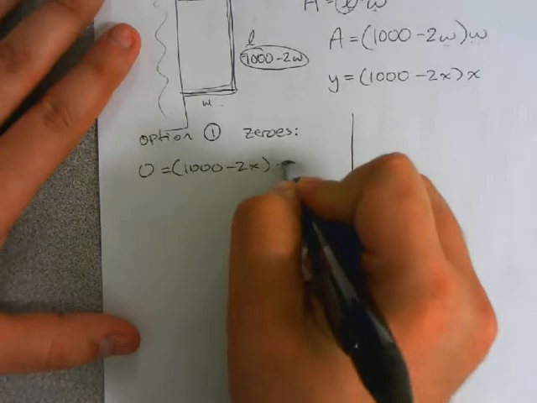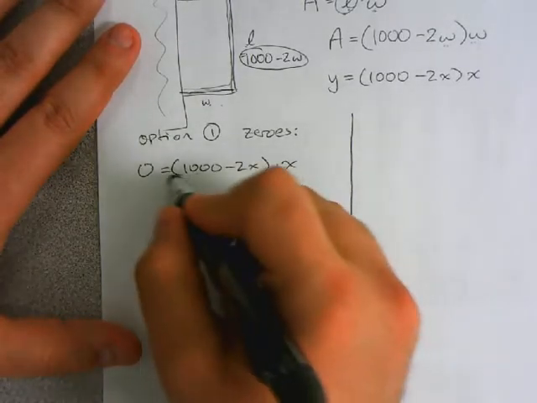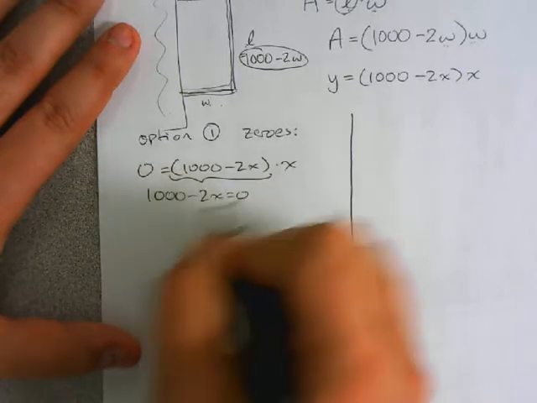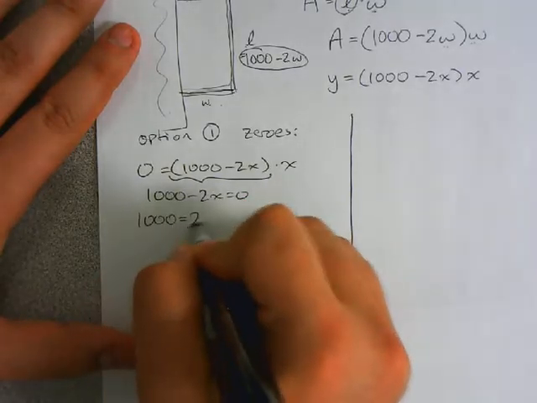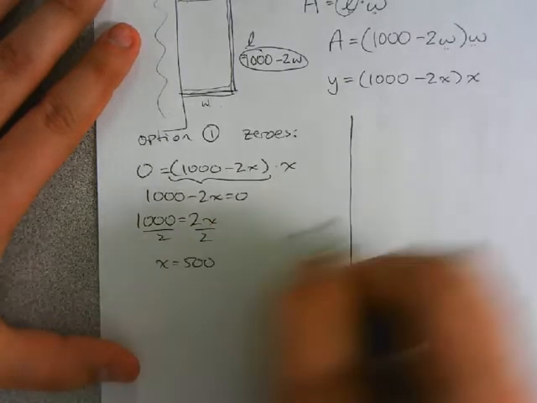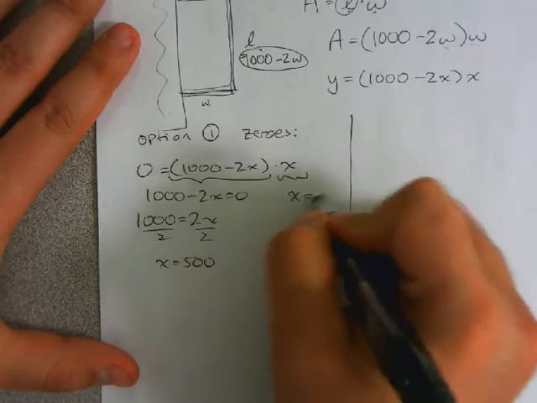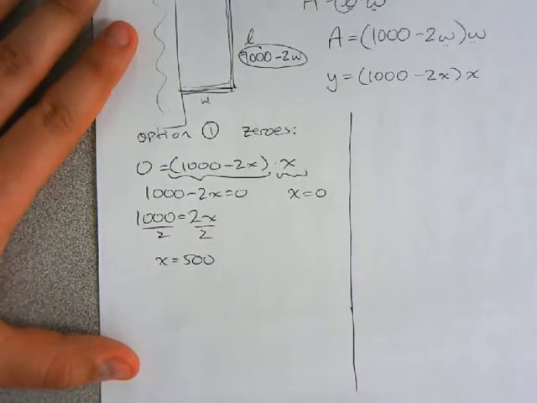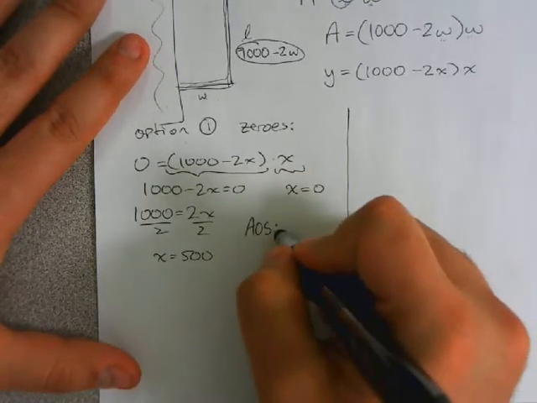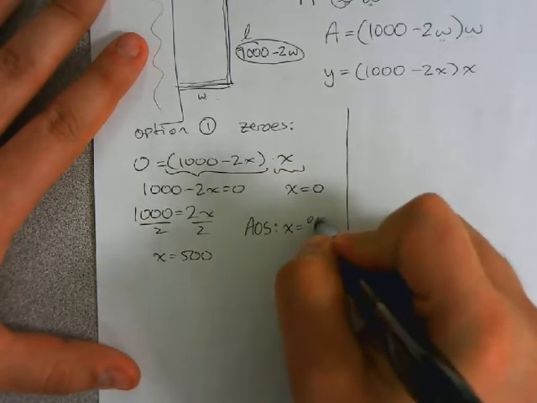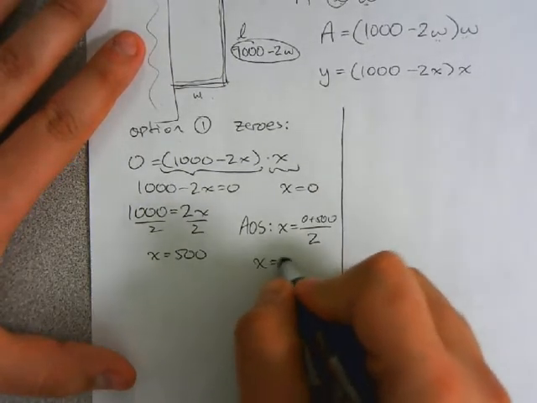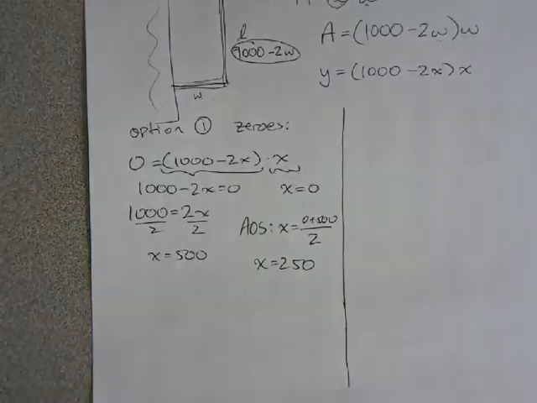And now I know that if two things are multiplying to make 0, either this is 0, which means 1,000 minus 2x is 0, so x is 500, and the other option is that x is 0. So that means my axis of symmetry is x equals 0 plus 500 divided by 2. So x is 250.